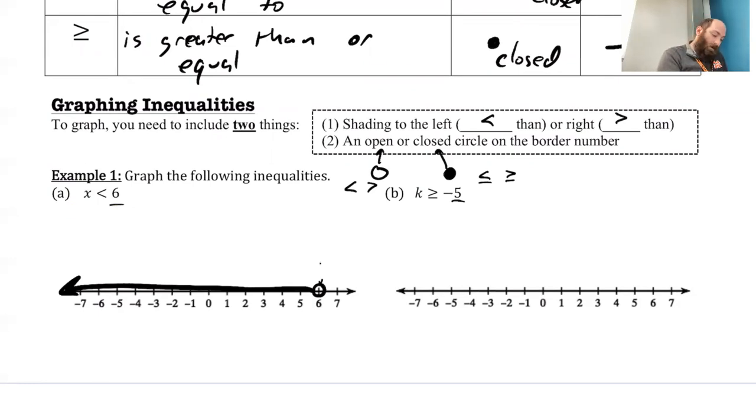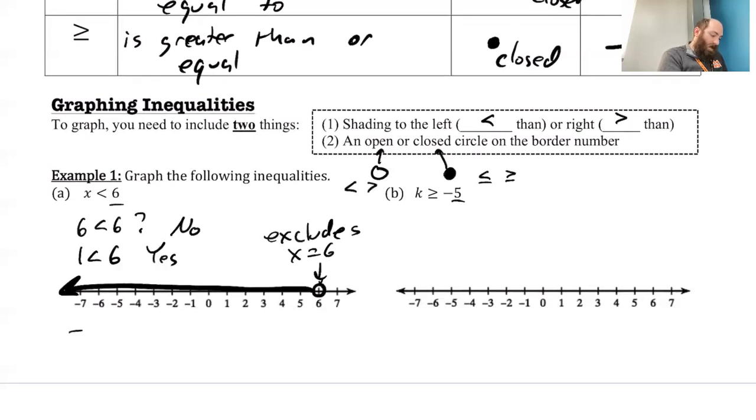Now what this means is that an open circle excludes x equals 6. This number is not a part of it, because if I take 6 less than 6, is that true? No. But if I take any number in the shaded area, that will be a true statement. For example, is 1 less than 6?